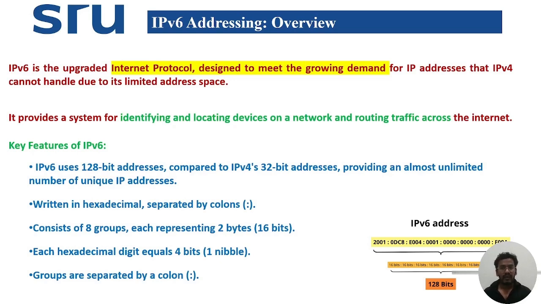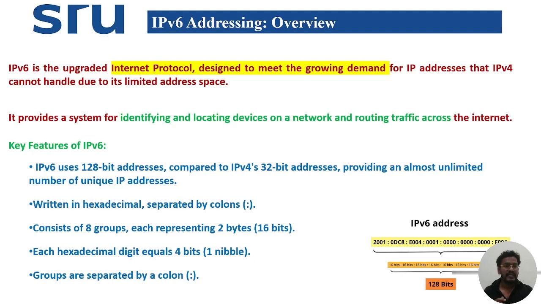So it overcomes the issues of IP version 4. Due to limited address space, we should shift to IP version 6, but the basics come from IP version 4 only.